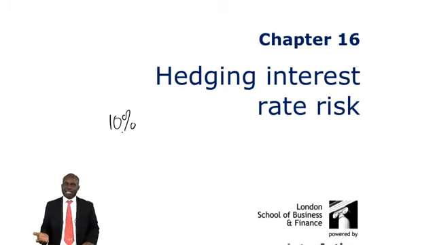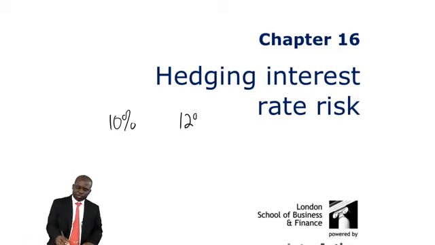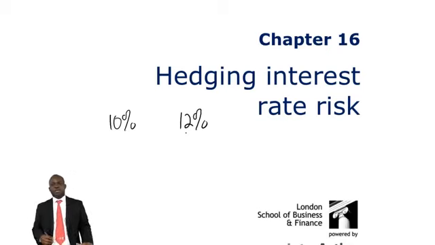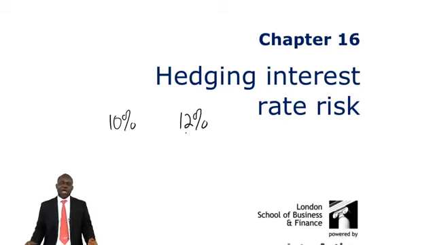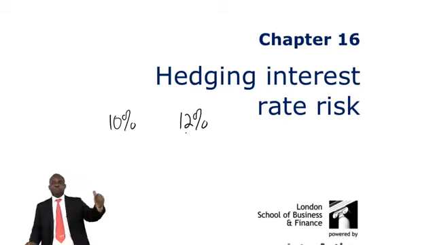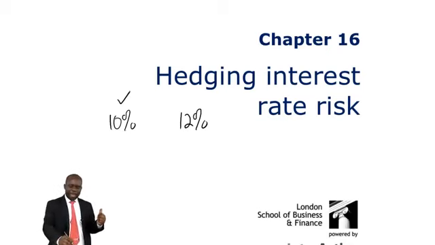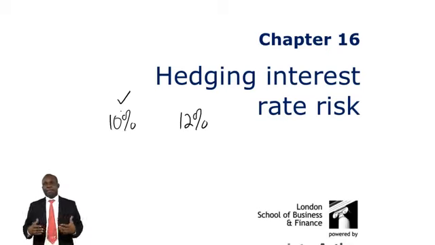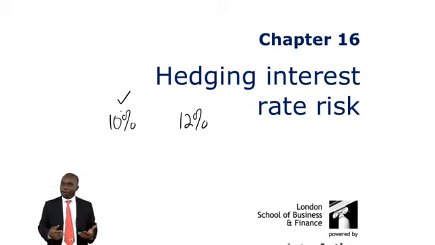So I waited till the 3rd month. When I went there to borrow, the interest rate had gone to 12%. What am I going to say? I will say, oh dear, if I had borrowed earlier, I would have paid 10%.